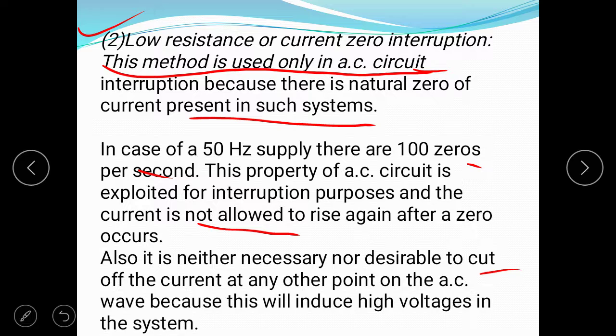Simply, it means in the current zero interruption method, we have to interrupt the circuit at the current zero position, not at another position, because if we interrupt the circuit at a non-zero position, high voltage will be induced in the system, which may damage the circuit breaker system.